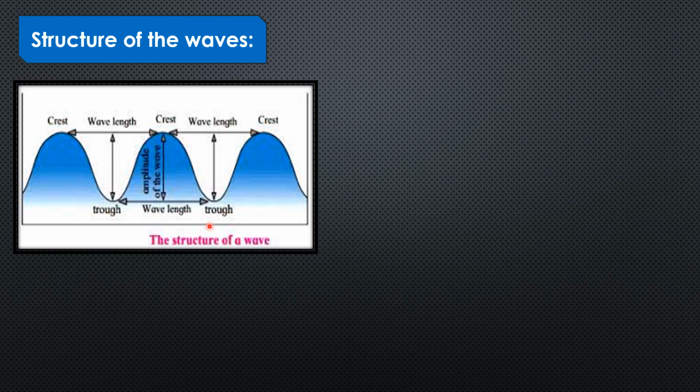The vertical distance between the crest and the trough is called the amplitude of the wave, whereas the distance between two successive crests or troughs is called the wavelength. The wavelength, its amplitude, and the velocity depend on the velocity of the wind.